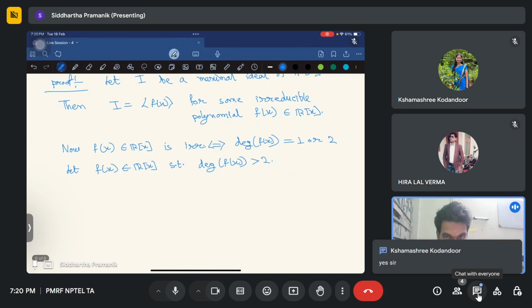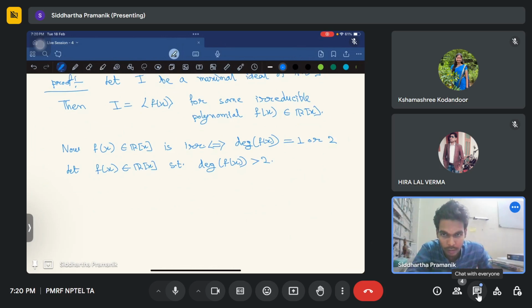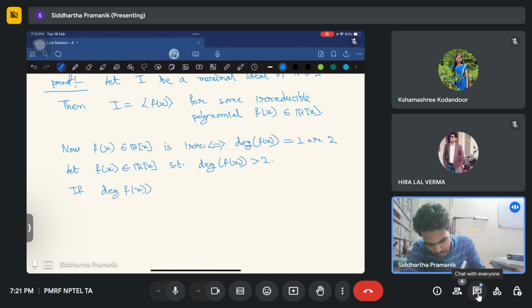So those polynomials with odd degree that is not 1 cannot be irreducible because they have factors. If the degree of f(x) is 3, then f has a real root, so f cannot be irreducible.